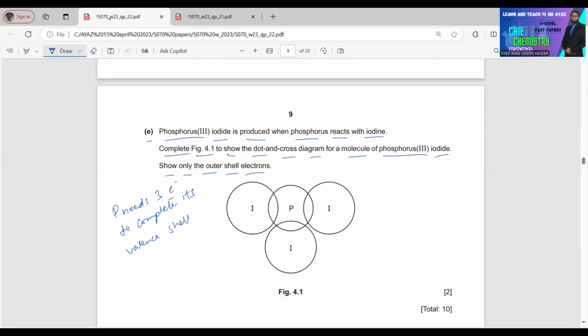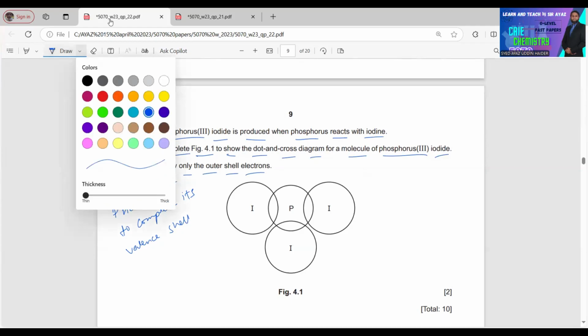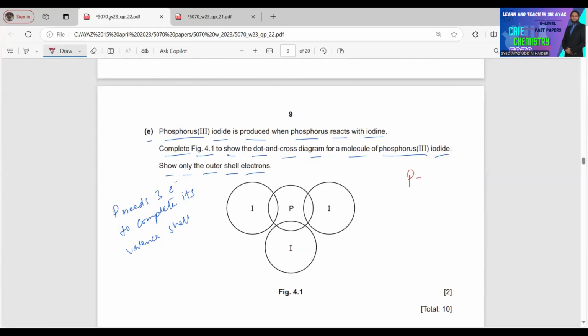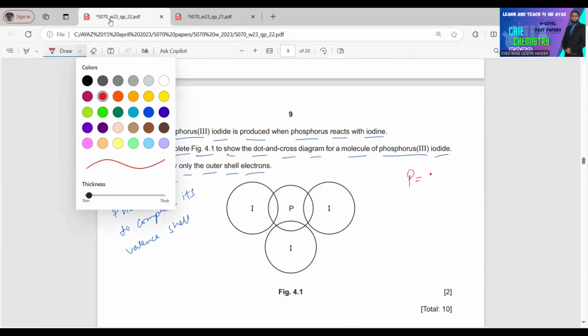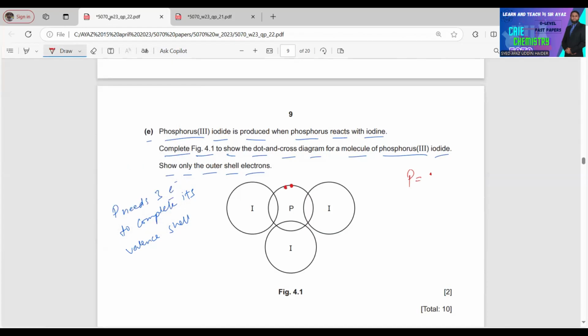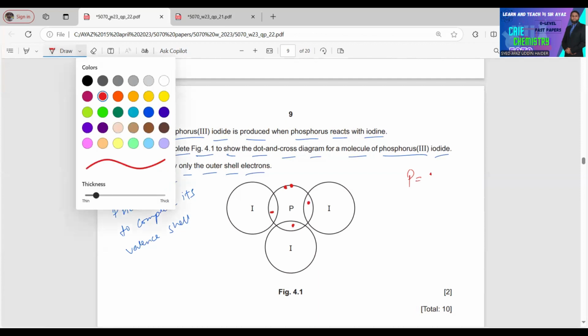So for phosphorus, I write the symbol P. I'm using dots for phosphorus. First I will place electrons for phosphorus: 1, 2, 3, 4, 5. Now iodine.